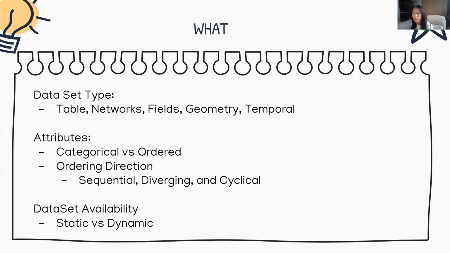The reason we talk about it is we want to look at how many attributes you want to highlight in your data visualization, and you don't want to confuse the users if your data are actually cyclical or sequential but you're showing it as divergent, or it is categorical but you are showing it as ordered. You don't want to show your months as 1 to 12 if that was not obvious. That would really confuse the users.